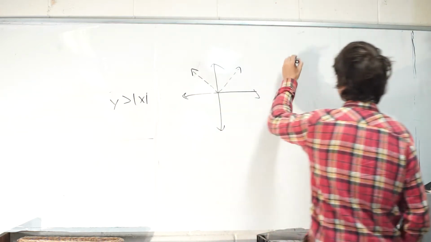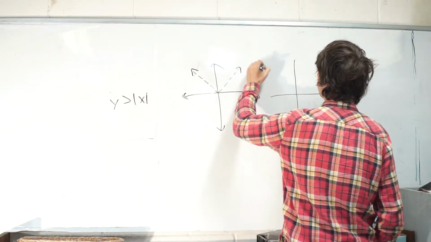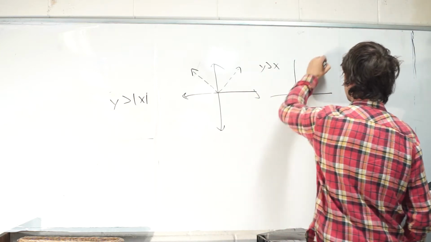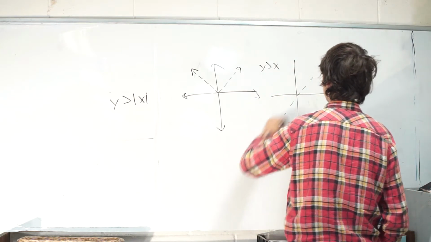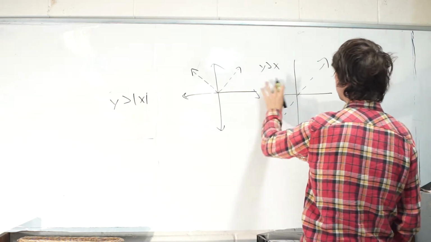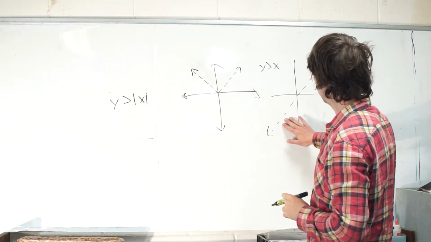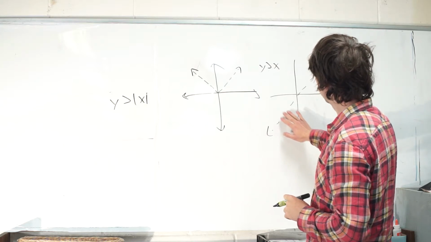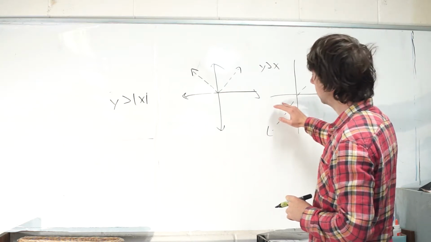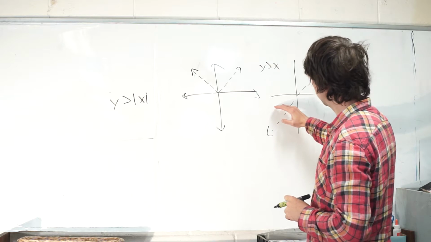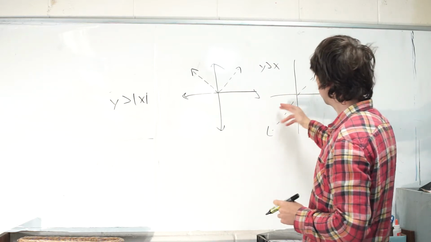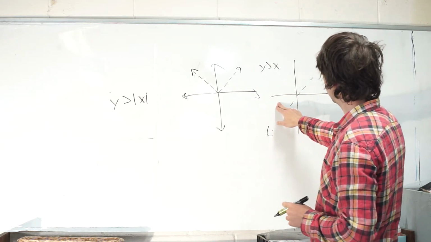Okay, and this is different from the graph of just y is greater than x, because that would just be this, right? All of these would be solutions there because these negative x values, like y is a larger negative, or a smaller negative, which means a larger value here than the x is.